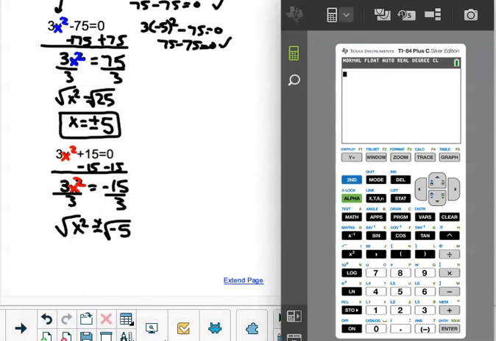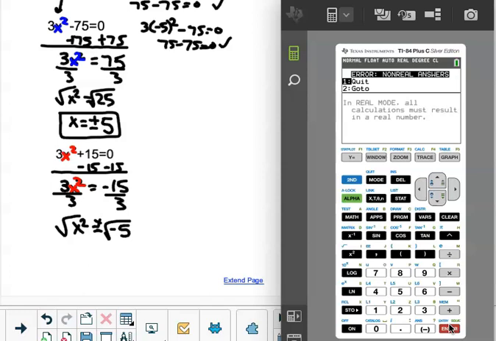We're looking for one number that when you multiply it by itself, you get negative 5. I don't know if you've ever tried to plug a negative square root in, but it doesn't work. It says error. Mine says non-real answers right there, if you can see that.